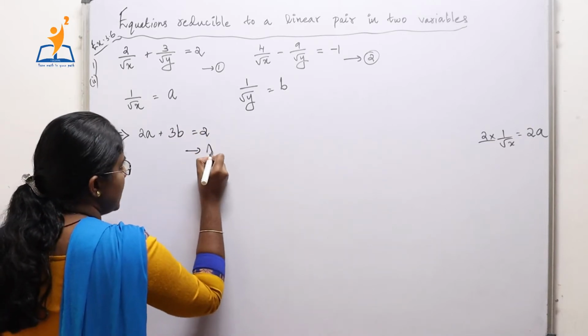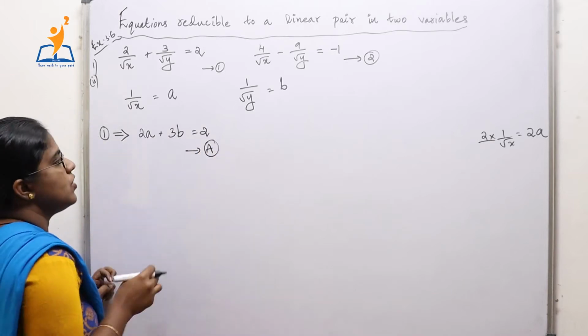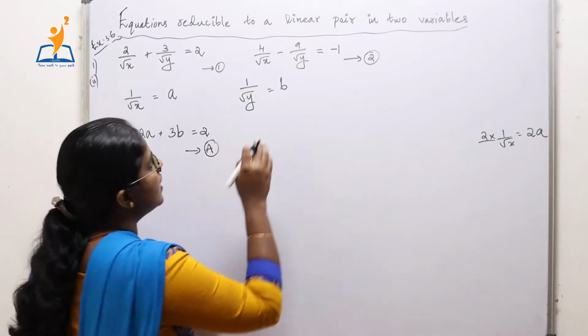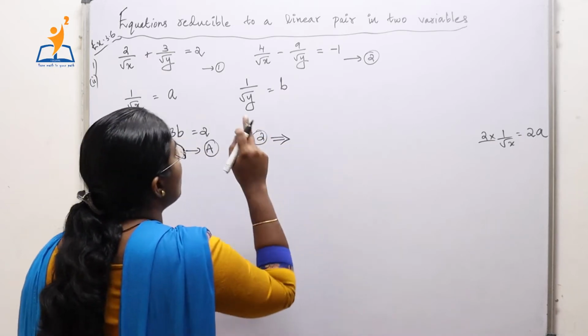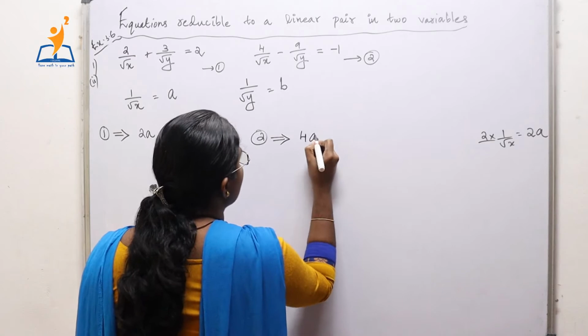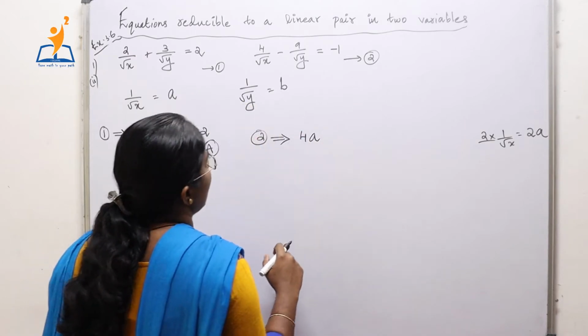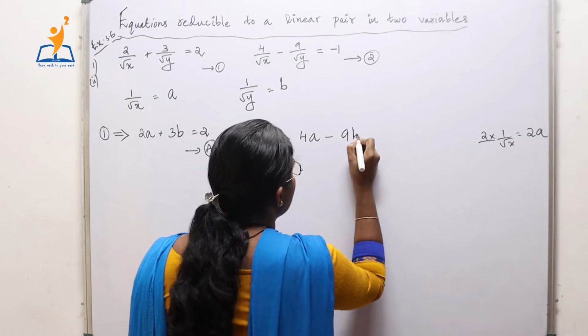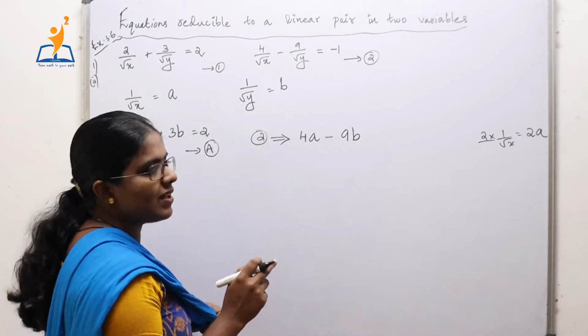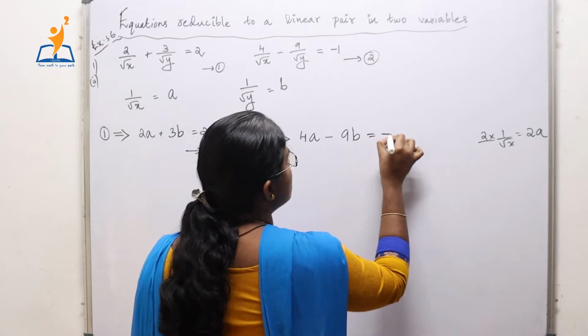So let this be equation number A, which is the new form of equation number 1. Now equation number 2 will become like this: 4 by root x will be 4a since 1 by root x is a, and minus 9 by root y will become minus 9b since 1 by root y equals b, which is equal to minus 1.